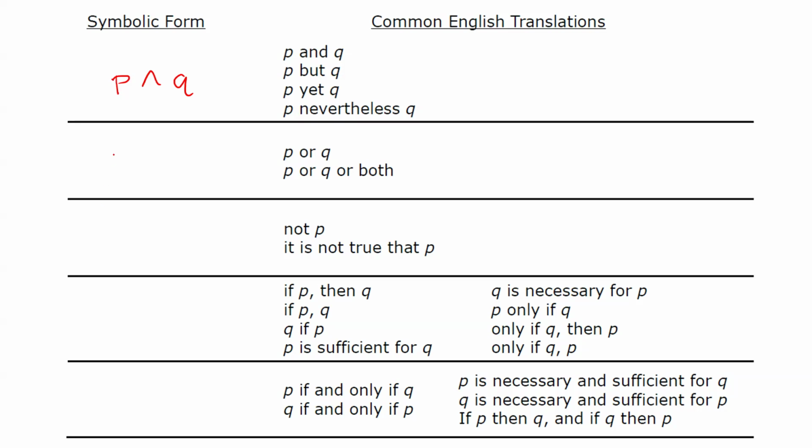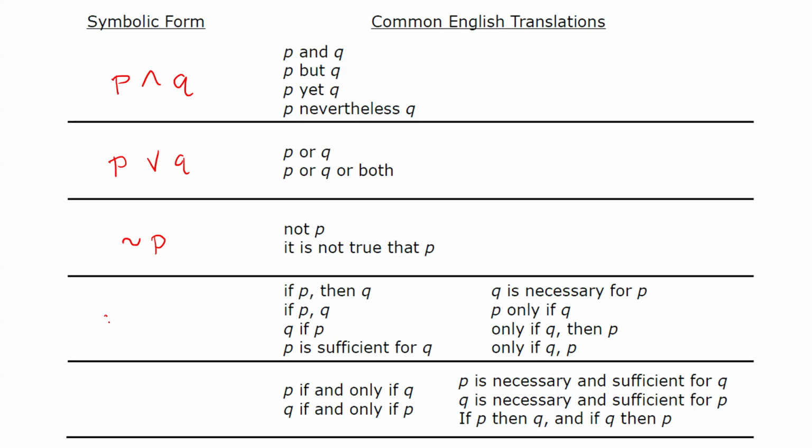The next one is P or Q. That could also be written as P or Q or both. Next, we have not P. This could also be said as it is not true that P.